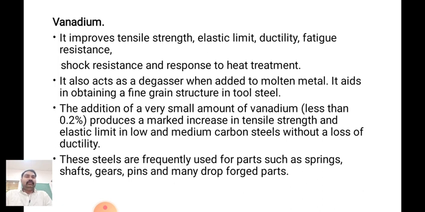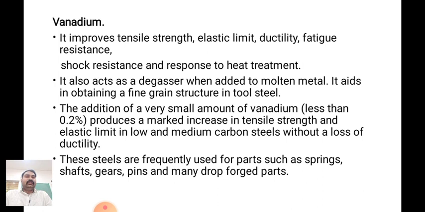Because of that, a tremendous amount of gases will be emitted from the molten metal, and by the addition of vanadium, it will act as a degasser, meaning whatever gases are emitted in the mold will be eliminated. Otherwise, as we pour the molten metal through the gating system or sprue, the gases will be trapped inside the casting, and the casting will become defective.